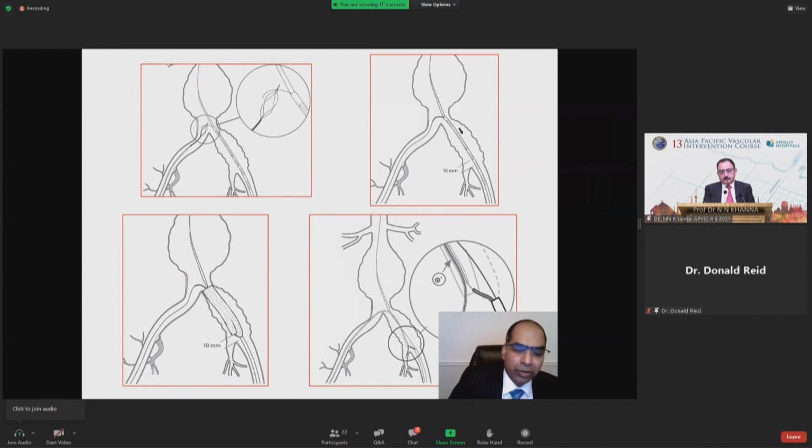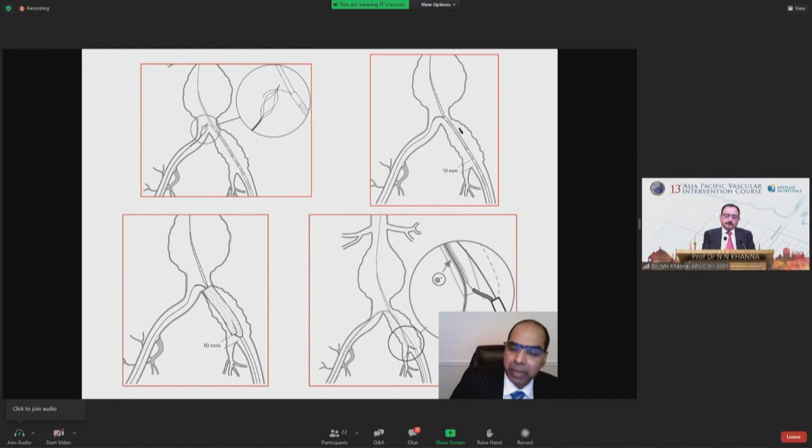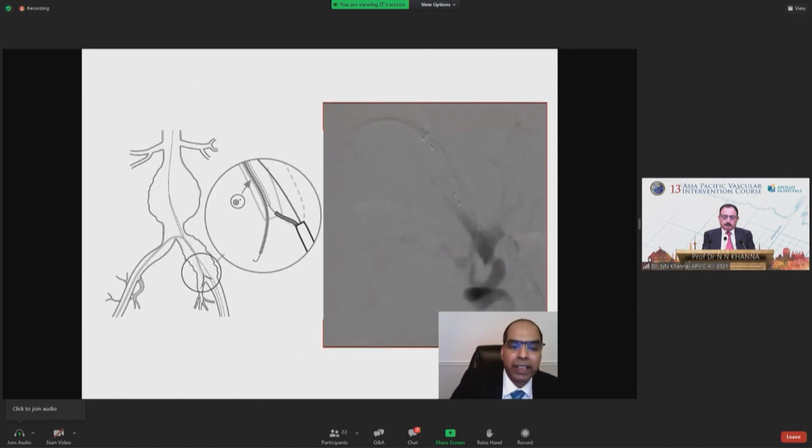And at this stage, the through and through wire is used to track another, usually a 9 French Bolkin sheath, over from the right common iliac artery through into the iliac branch, and through that sheath a 5 French catheter can be passed, and cannulation of the left internal iliac artery, which is the target of preservation, can actually be confirmed. So this is how the system looks now.